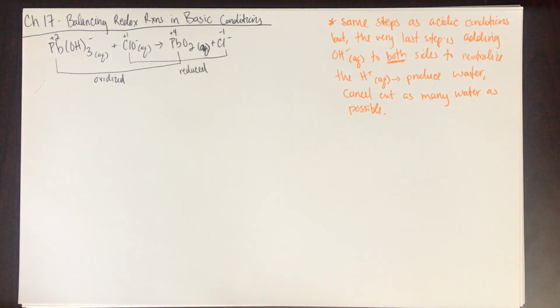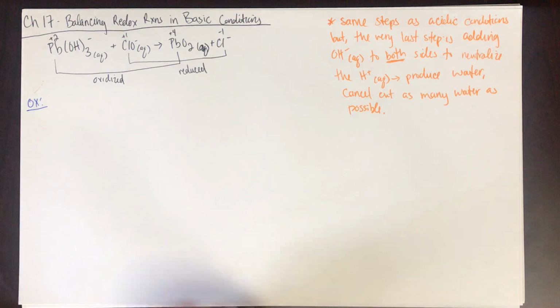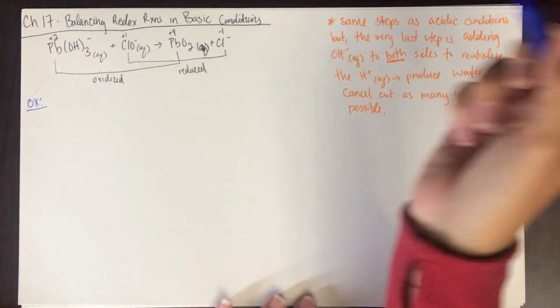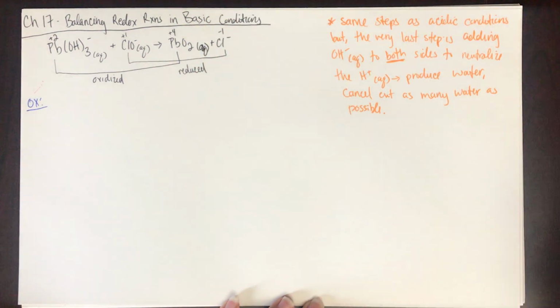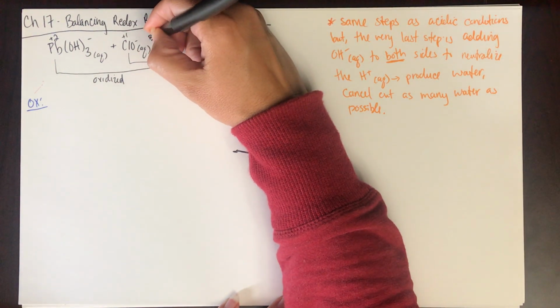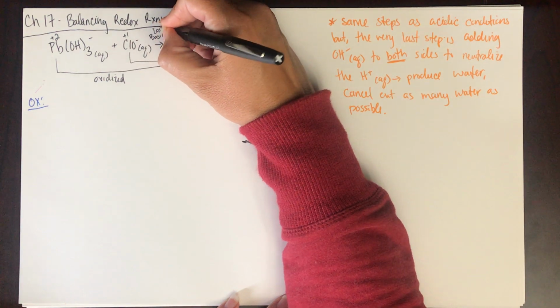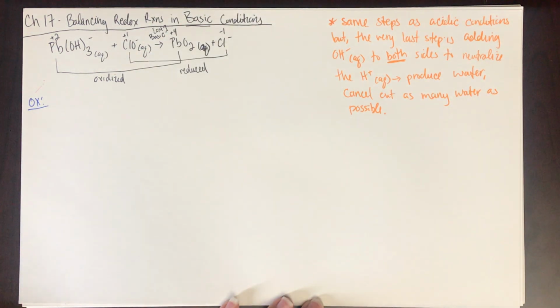So let's look at the oxidation half reaction. This is a little bit different. This is in basic conditions. In the problem, it would either say it's in basic conditions, or above the arrow it would say basic, or there would be a hydroxide above the arrow.